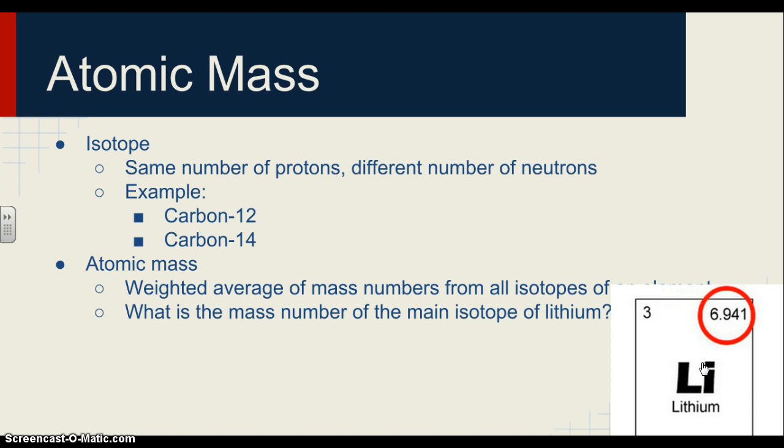And if you said lithium-7, you're correct. In fact, I think around 94% of all the lithium out there is lithium-7, which means, since lithium is atomic number 3, that it has 3 protons and 4 neutrons, although there is some lithium out there with 3 protons and 3 neutrons. That's going to do it for today. Thanks for listening.